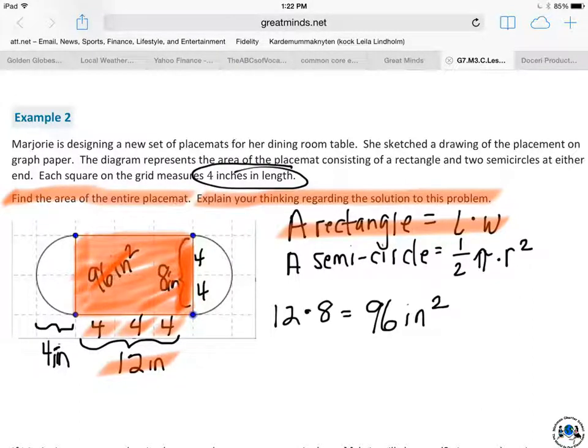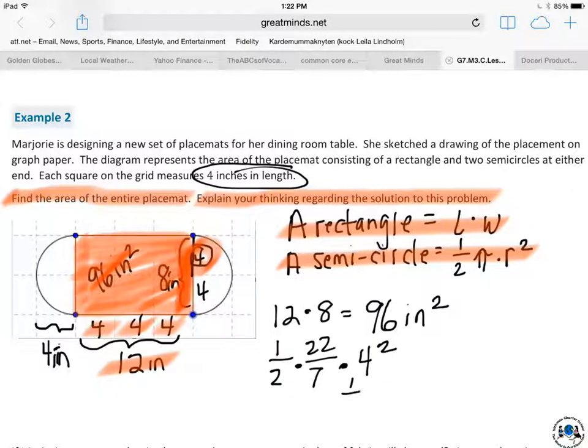Okay, so we've gotten rid of that. Now there's a couple of ways to approach it from here, but I'll show you the way I did. I actually went for the semicircle. So 1/2 times 22/7, I use that for pi. Now, let me just stop for a second here. What I knew here is that one of those segments right here was 4, and that is a line of radius, so I knew my radius was 4, so I put my 4 squared.